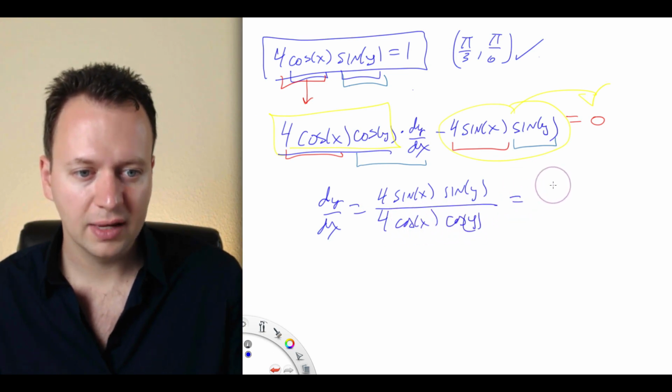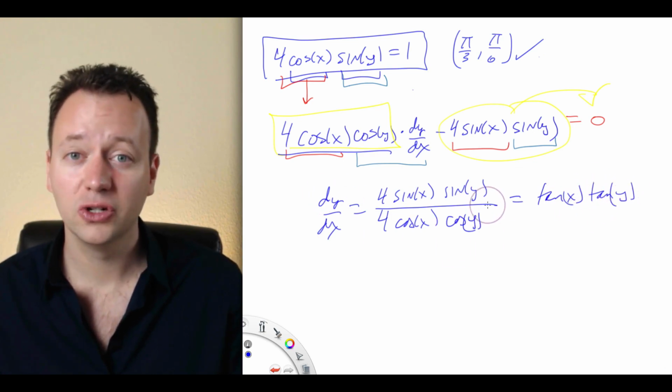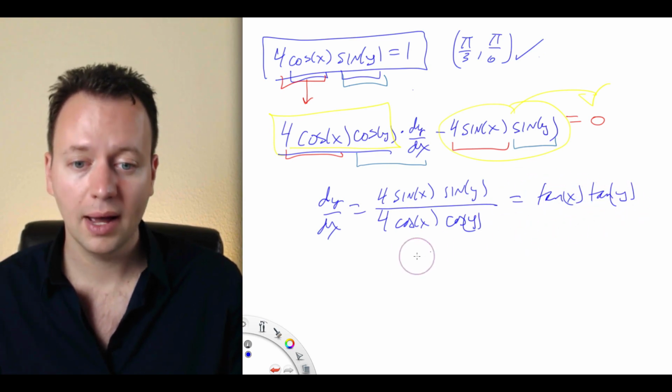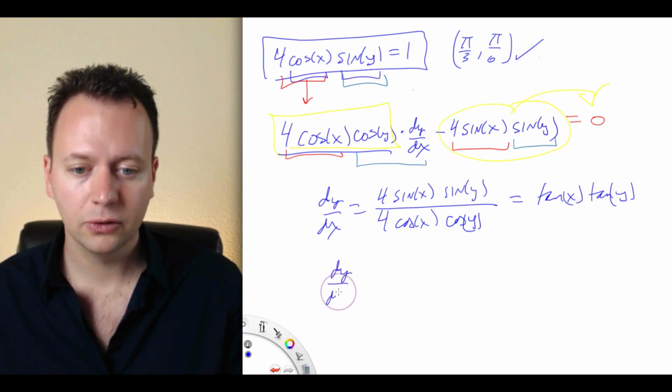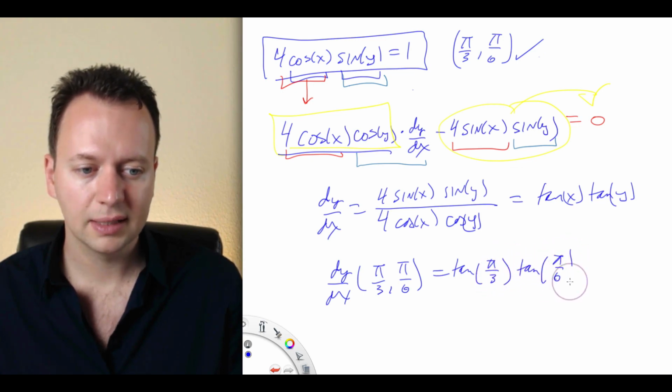And this all simplifies to just tangent x tangent y. So the derivative dy dx is just tangent of x times tangent of y. So therefore dy dx, the derivative evaluated at pi over 3, pi over 6, is going to be tangent of pi over 3 times the tangent of pi over 6.